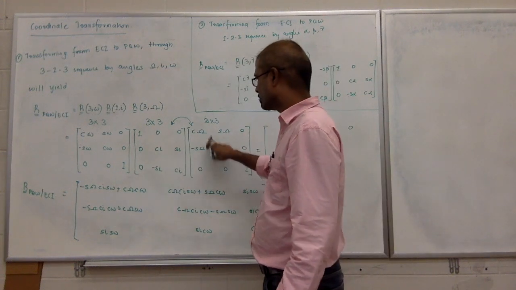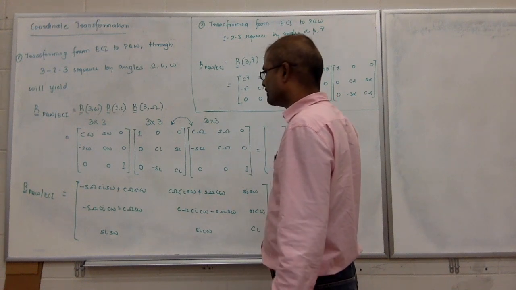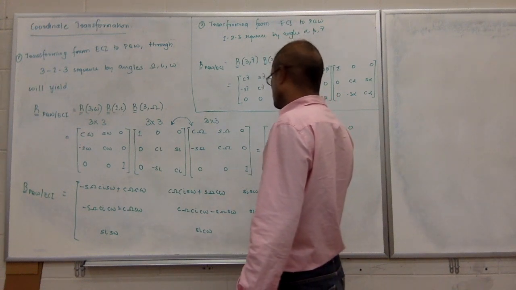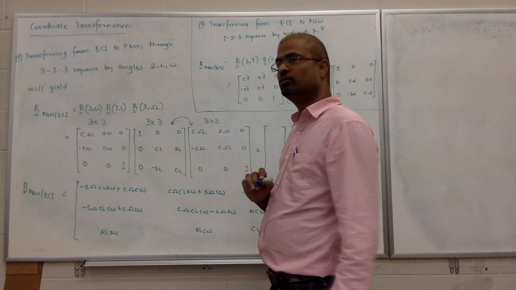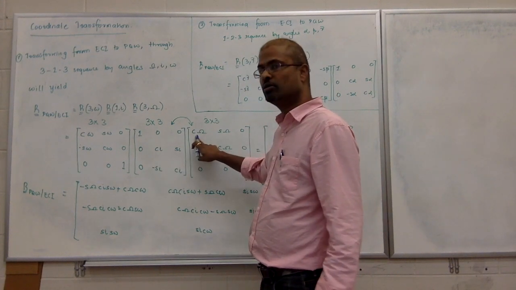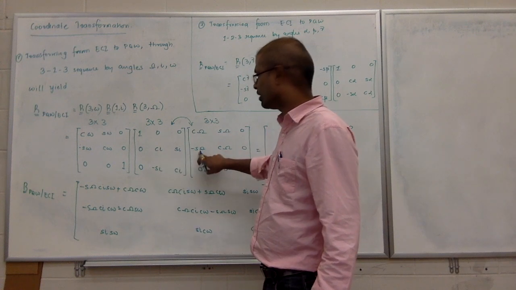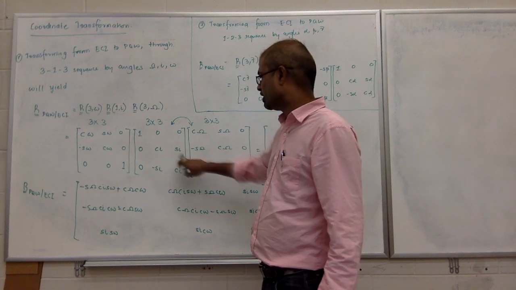Second row, first column. Where is the second row, first column? This. So it will be cosine I sine omega. 0 into this plus cosine I into minus sine omega. Sine I into 0.